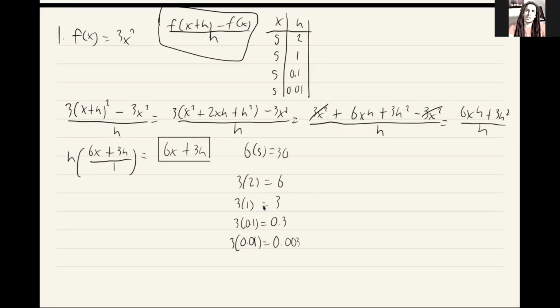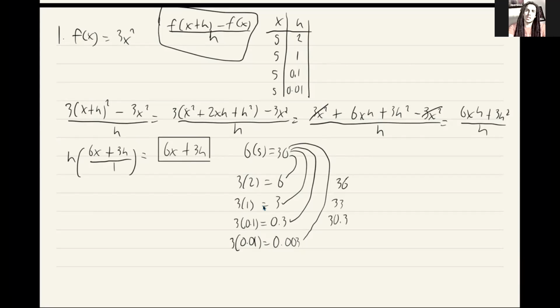From this point on, all you have to do is add these values individually to the 30. So 30 plus 6 equals 36. And then 30 plus 3 equals 33. And then 30 plus 0.3 is 30.3.